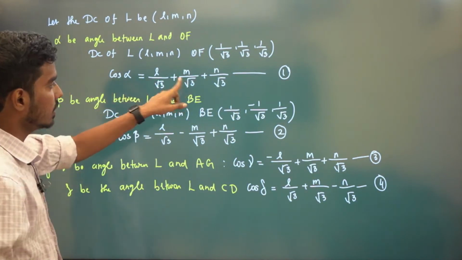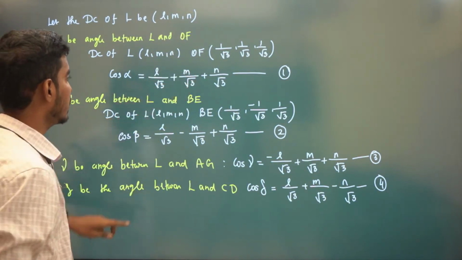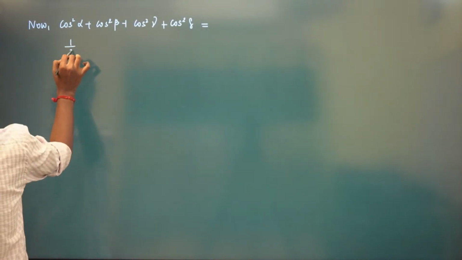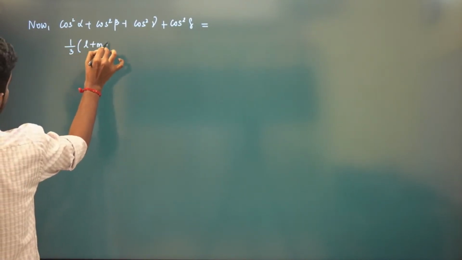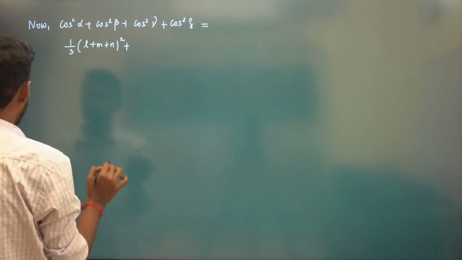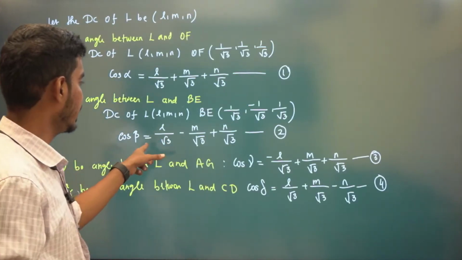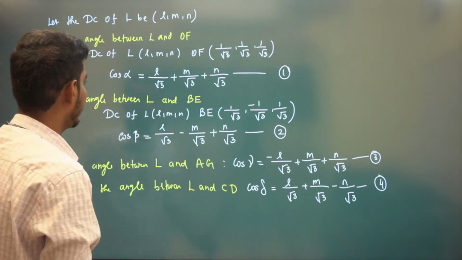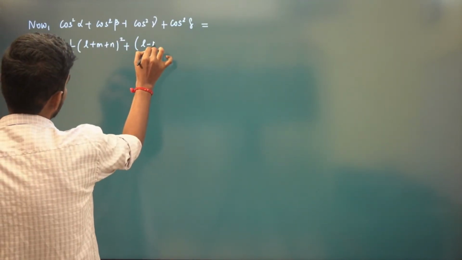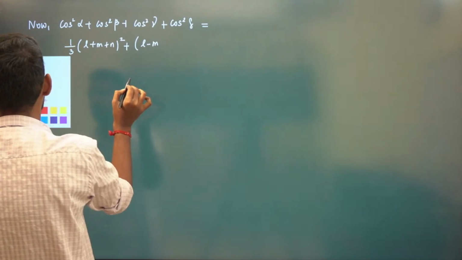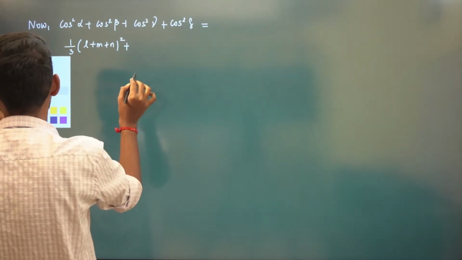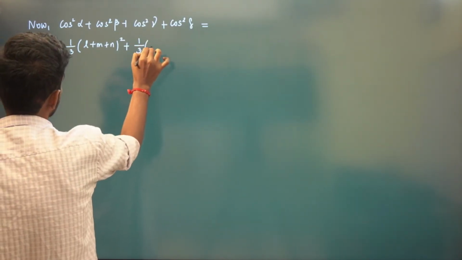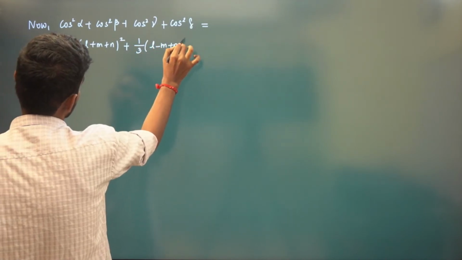So if I square it up, I can take 1 by 3 outside. So 1 by 3 (L plus M plus N) whole square, and cos square beta. I can take 1 by 3 outside, and if I square it up, you will have (L minus M plus N) whole square.